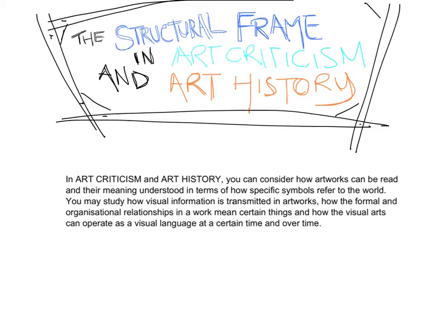So you're looking at the idea of what you're seeing: the artist's use of colour, the use of the other elements and principles of design, such as line, tone. What about scale and size, space? Where is the artwork located? How is the artwork engaged with by the audience?